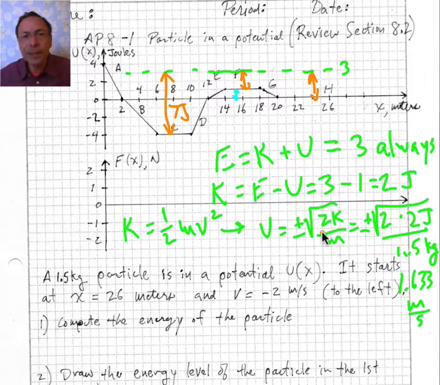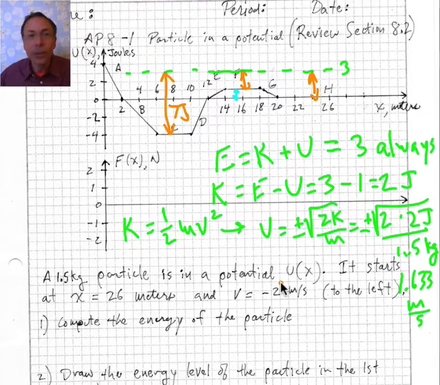And okay, that takes us to number 7, in which it says, in the second graph, draw the force F of x. Remember that plus is a force to the right and minus is a force to the left. And the force formula is that the force is equal to the negative of the slope.